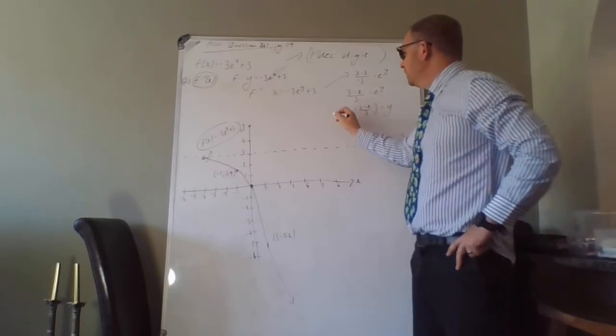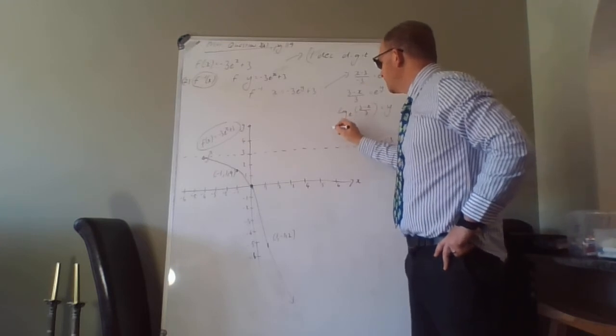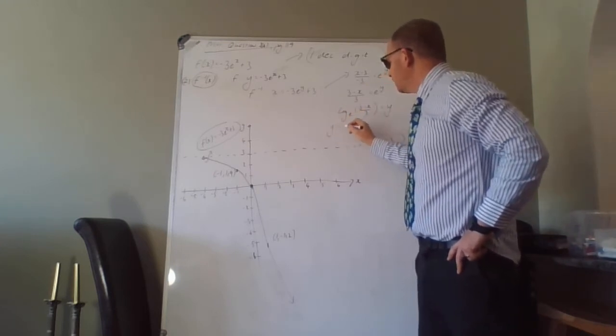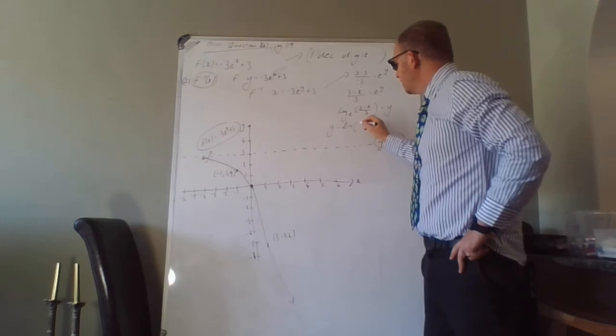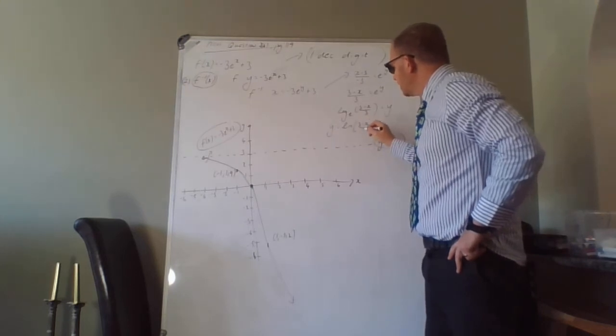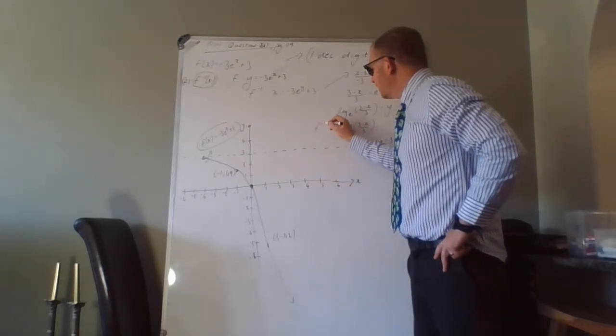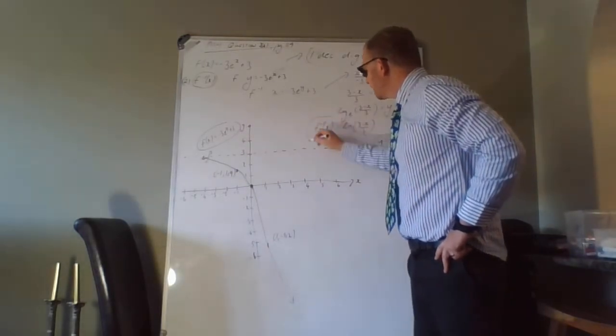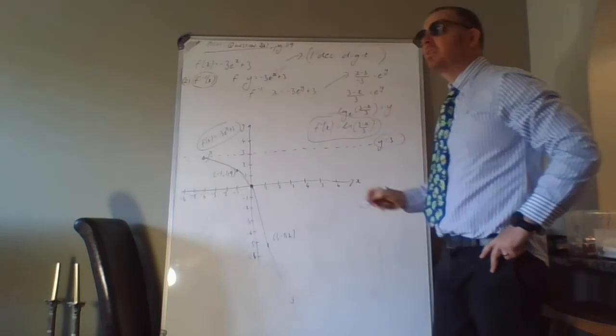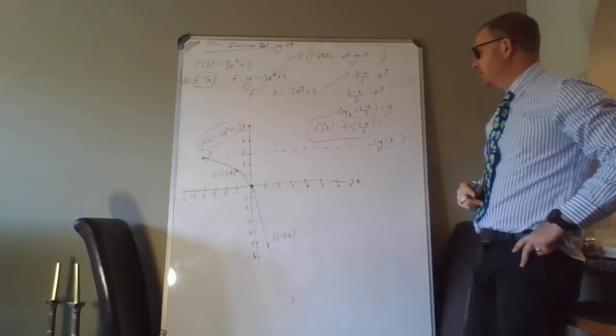So in other words, instead of log e, I'm just going to write it as ln, and I should rather write it as f to the negative 1 of x is equal to ln of 3 minus x over 3.